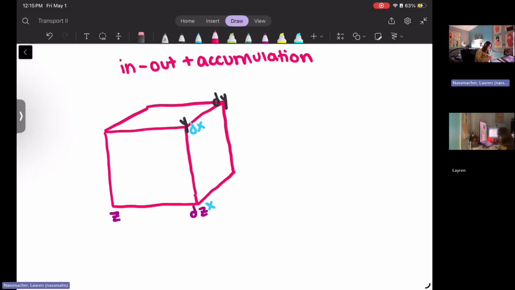So our flux is flowing through this cube. The flux of component A at z moves out and becomes the flux of component A at z plus dz.